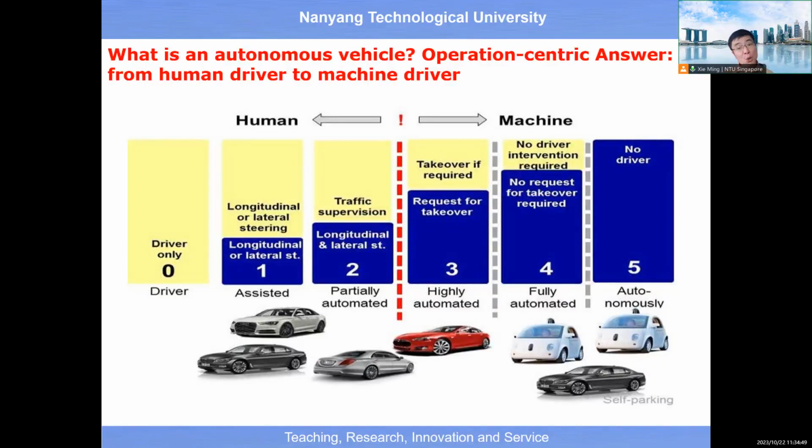Then slowly the level of autonomy will increase all the way to when the vehicle could fully drive itself. So this is another way to define different levels of autonomy, from the viewpoint of operation.